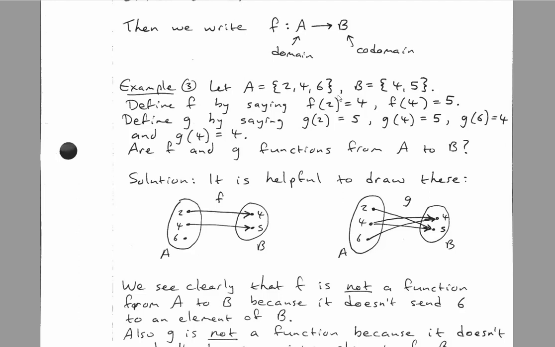So, yeah, for these very simple functions, it's a good idea to draw the picture. So use arrows to show what the function is doing. Okay, so this f, it's from A to B, so we have 2, 4, and 6, and arrows from those to B, 4, and 5.